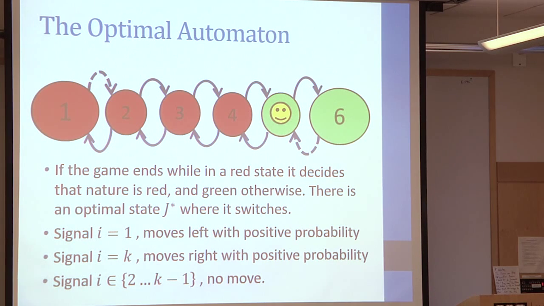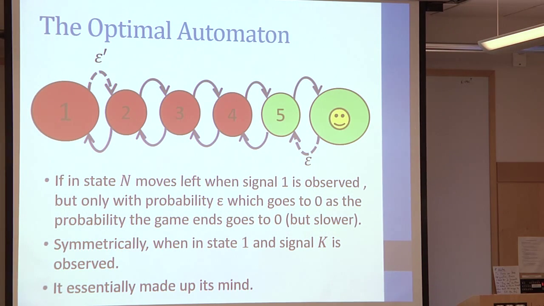And how do you initialize it? There is also some initial state you start at, but it really doesn't matter because the game is long enough. It doesn't matter where you start, as long as you're not in one of the extreme cases. Okay, if you are in the last state, state n, you still move if you see 1, but the probability you move is very, very small.